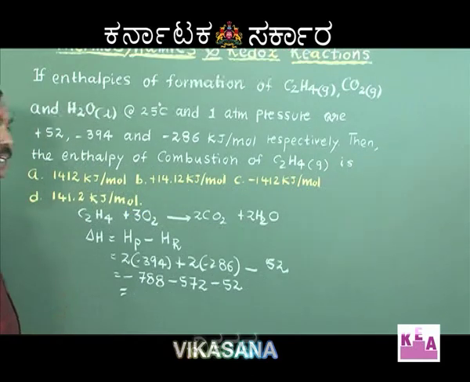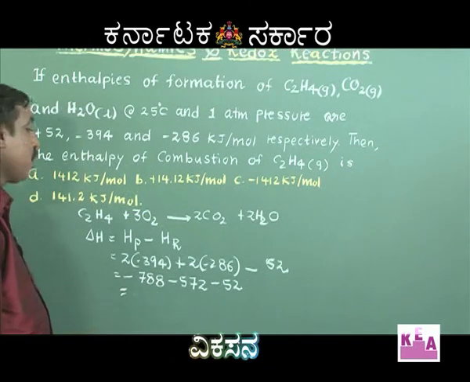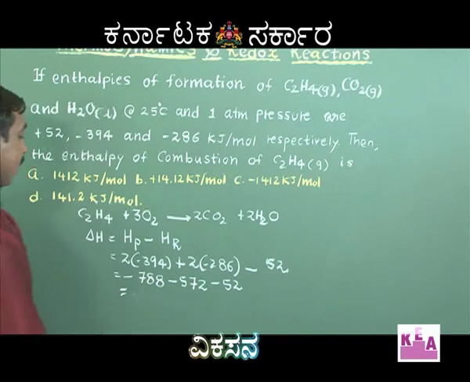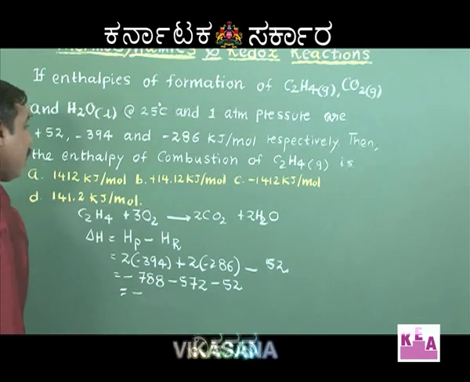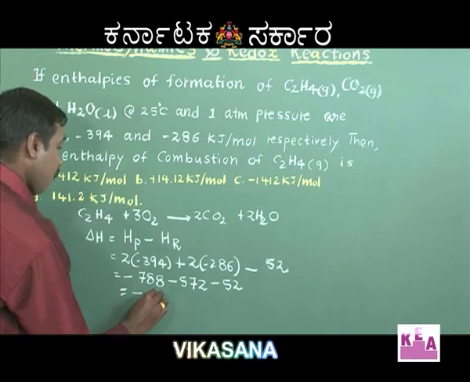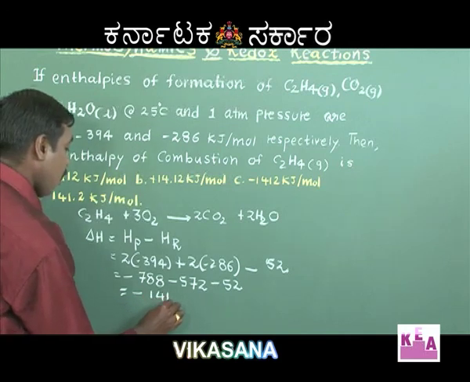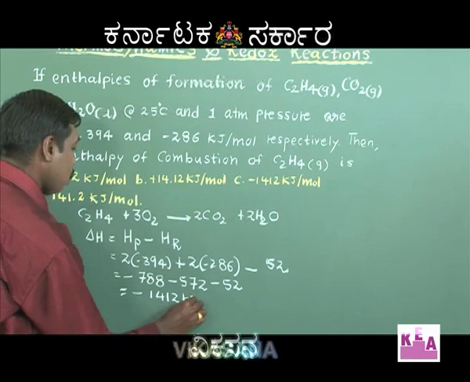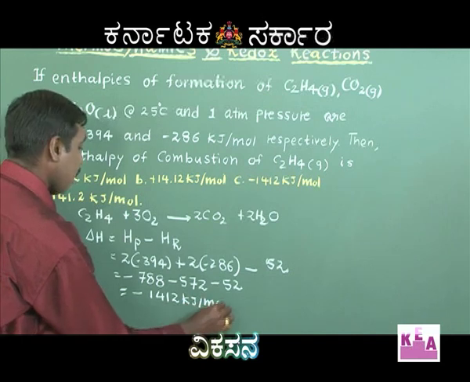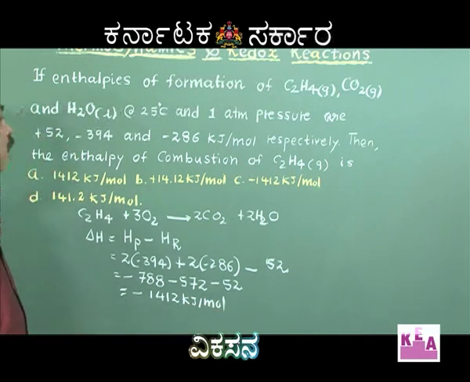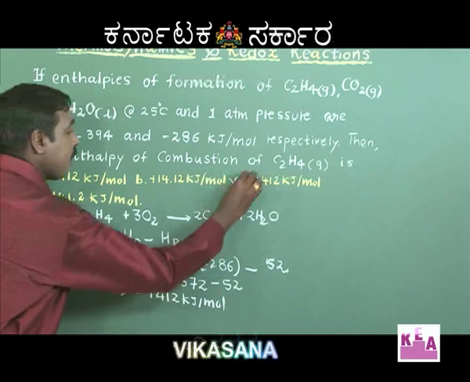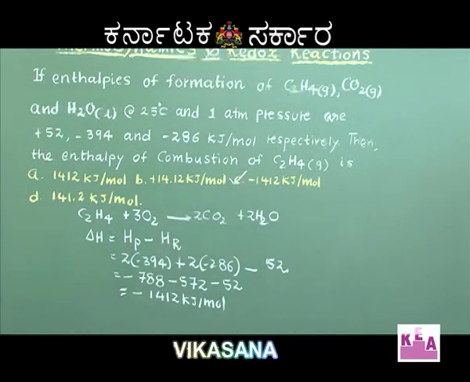Minus 788 minus 572 and minus 52. Adding up all this, I get the value as minus 1412 kilojoule per mole. Therefore, my right option is option C, minus 1412 kilojoule per mole is the right answer.